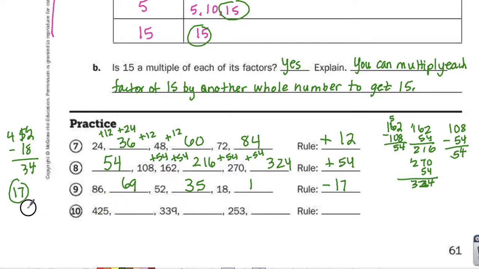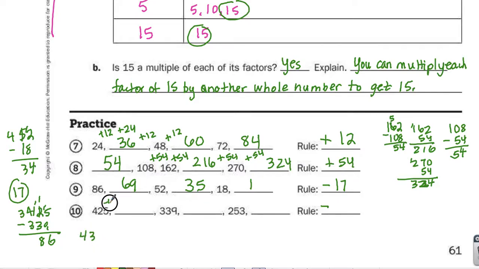This last one, I'm going to figure out the difference between 425 and 339. It looks like, again, I'm subtracting. When I figure out the difference here, I get 86. But I'm not subtracting 86. I'm subtracting half of that. Half of 86. 86 divided into two parts. 80 divided by 2 is 40. 6 divided by 2 is 3.